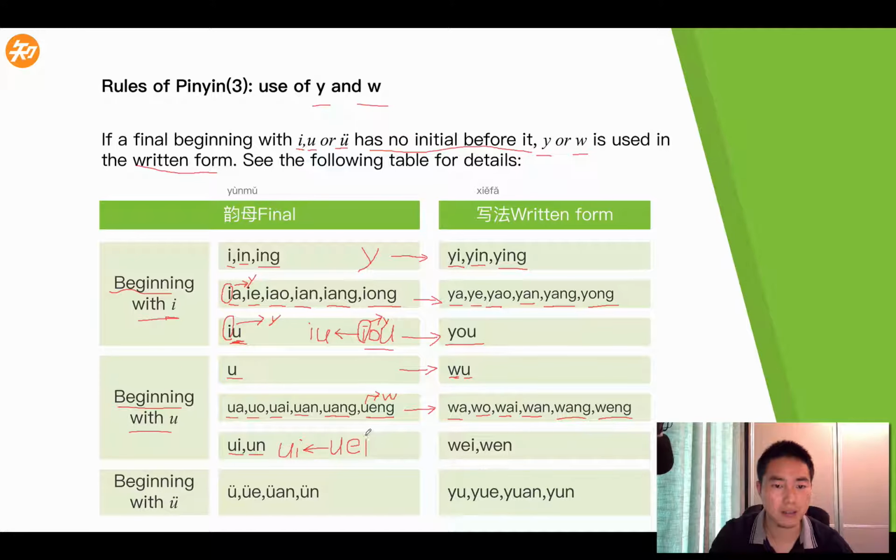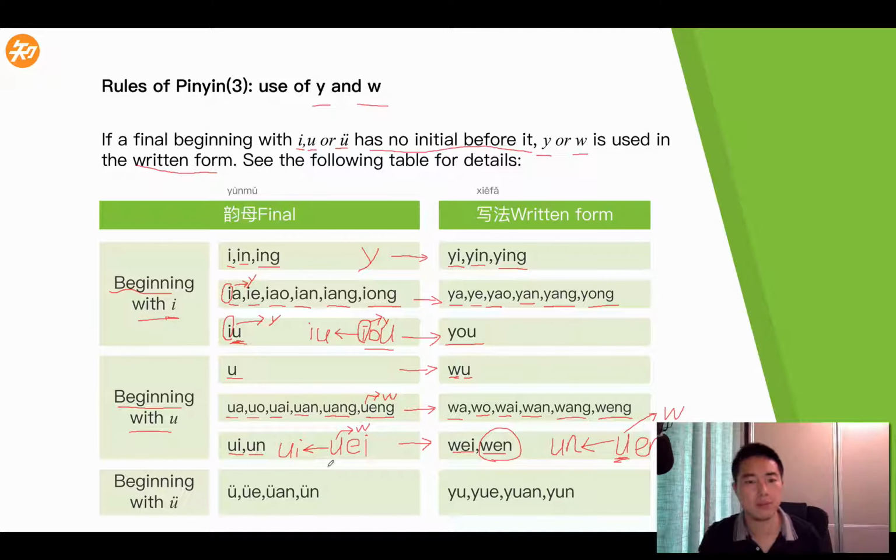So we write the original form, then change this u into the initial w, so it becomes like this, wei, and the same for wen here. Wen is transformed from this uen, right? So we change this final u to this initial w, so it becomes this wen here.